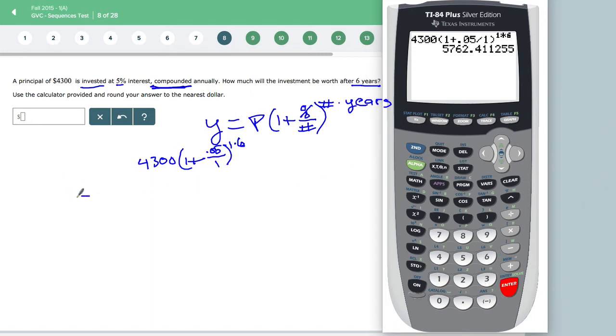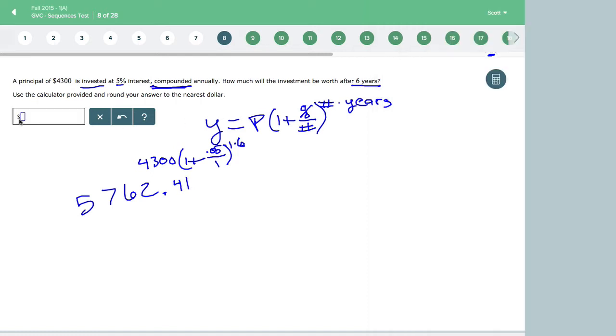And we see our answer is 5, 7, 6, 2, 4, 1, and then that third one tells us we're going to just keep it at 1, round down, so 0.41. And that's our answer. 5762.41.